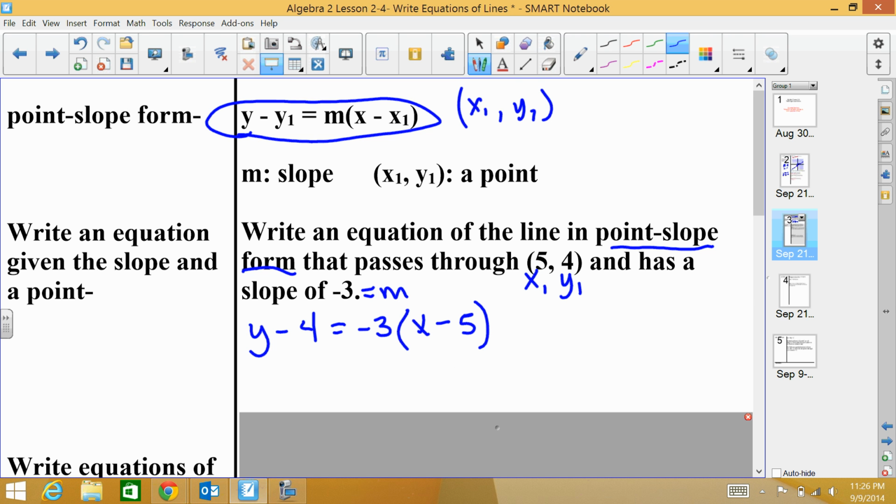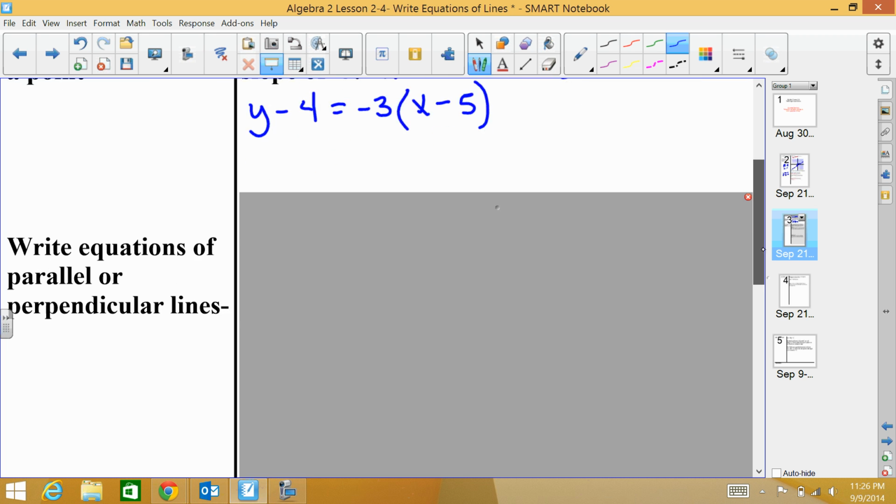Now, we could work this out. We could distribute this -3 and get y by itself by adding 4. And so then that would convert this equation into slope-intercept form. But if it asks for point-slope form, this is what they're looking for. They want you to stop right here. So that's all we're going to do right now.